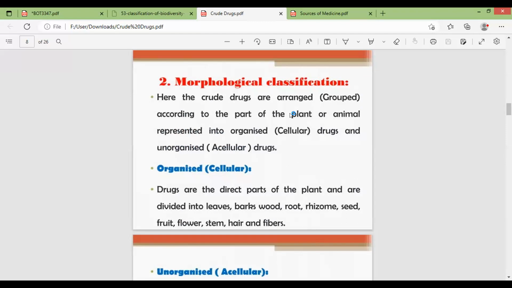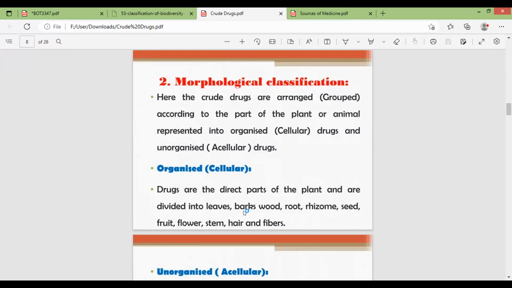For the organized, we can obtain our drug from a specific part of the plant, right? If it's quinine, we can obtain it specifically from the bark of the plant, right? If it's digoxin, we can obtain it from the leaf of the digitalis.